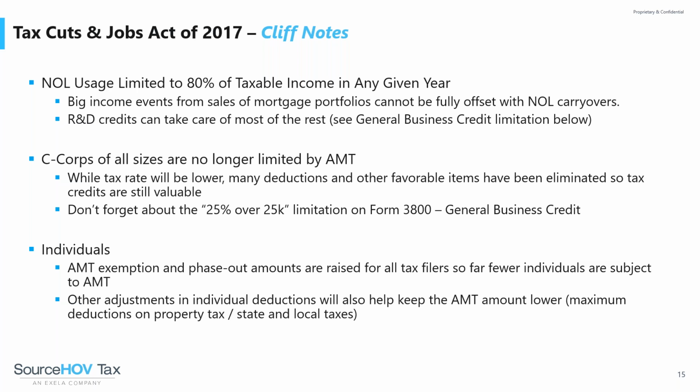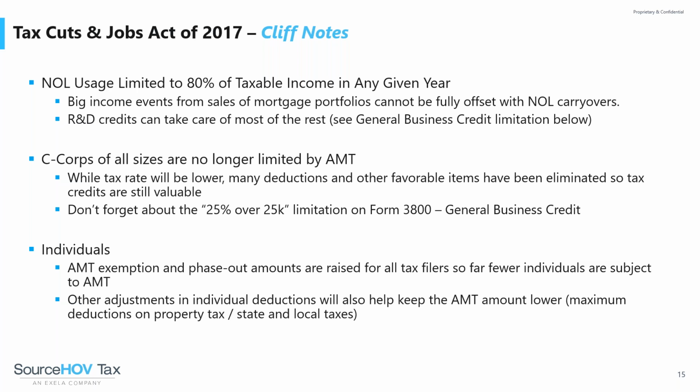Before we talk about that, let's just talk about what it did to NOLs, because this is of particular interest to mortgage banking companies, in that what we've noticed is that the income patterns of mortgage banking companies tend to be cyclical with the changes in interest rates and whatnot. They'll have periods of NOLs and then big income events.